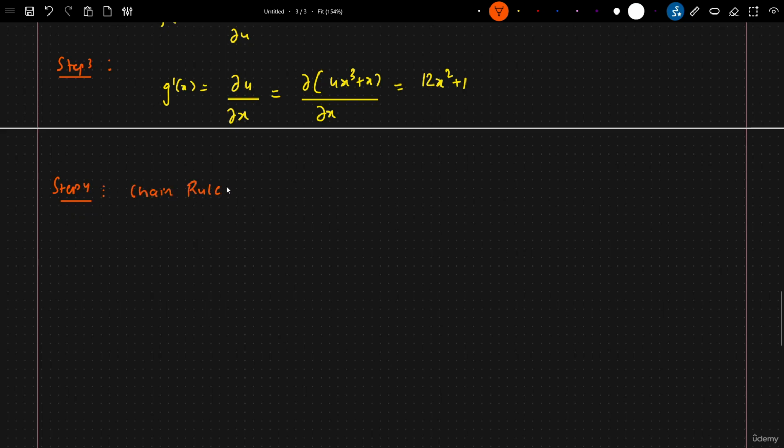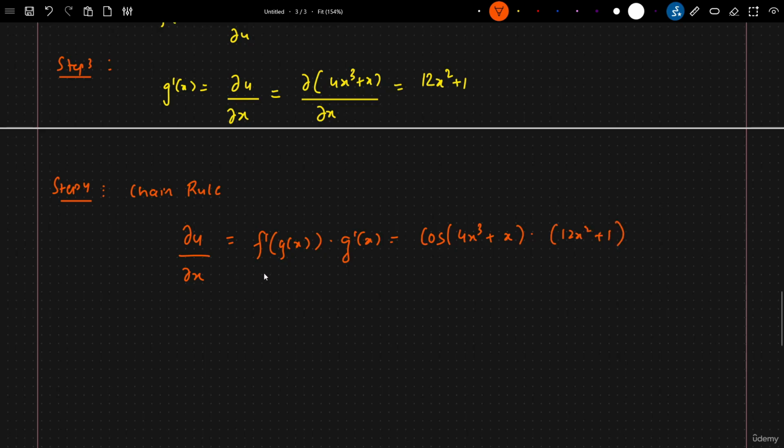And finally, in step 4, when we apply the chain rule, we are just going to combine this, right? Derivative of y with respect to derivative of x, which is nothing but f dash of g of x multiplied by g dash of x, which is nothing but cos u, right? Instead of u, I will go ahead and replace it by 4x cube plus x, and then I will have 12x square plus 1.